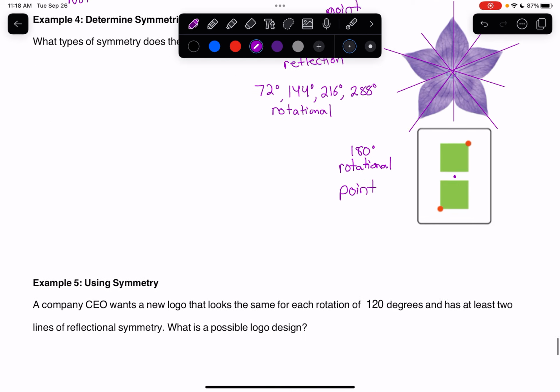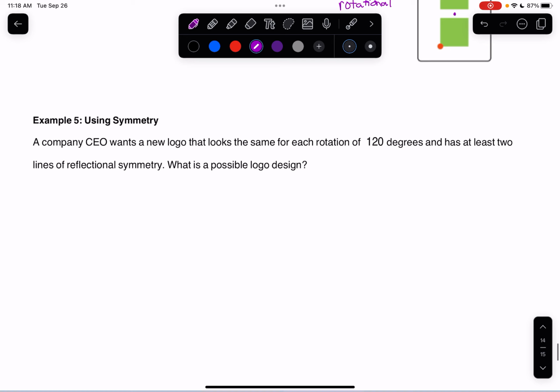And then finally, we can use symmetry to do various things. So a company CEO wants a new logo that looks the same for each rotation of 120 degrees and has at least 2 lines of reflectional symmetry. What is a possible logo design?